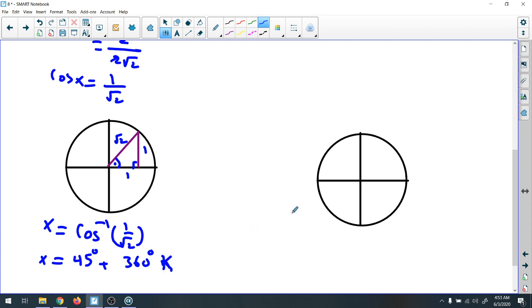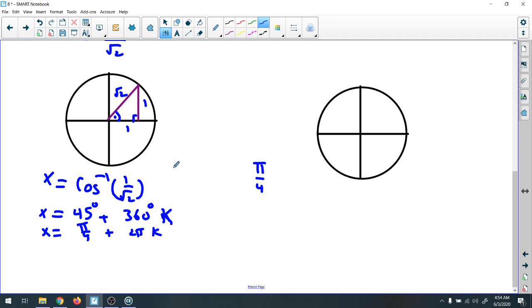If you want to make it in the radian system, we know that pi divided by 4 is 45 degrees. So you could say it's pi over 4 plus, and instead of 360, we make it 2 pi k. This is one of the solutions in this section.